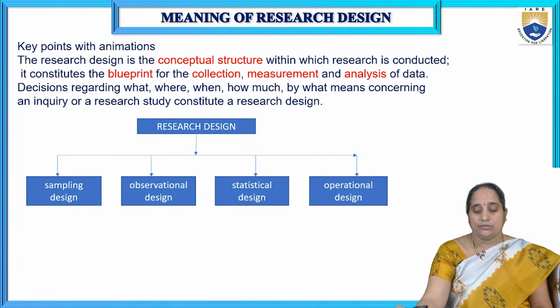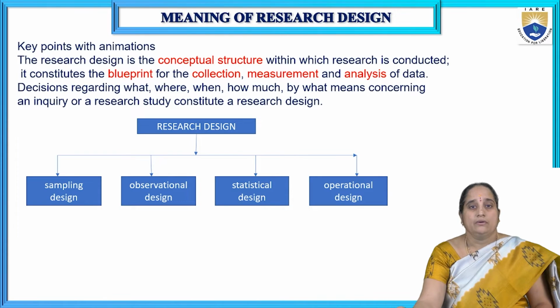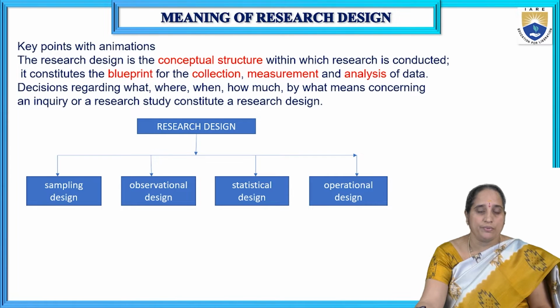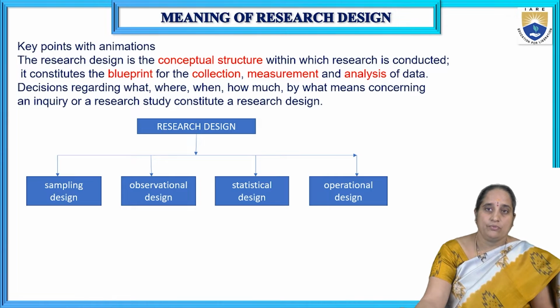Collection, as I told you, has two types of data sources: one is primary, another is secondary. Coming to measurement, we need to measure using scales. The scales used in research are the nominal scale, ordinal scale, ratio scale, and interval scale.